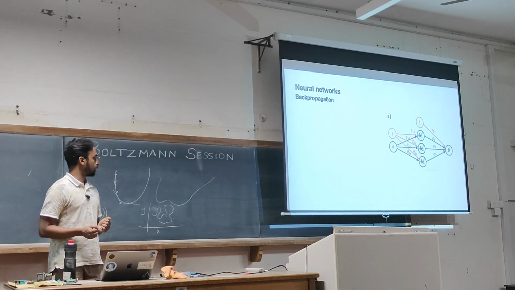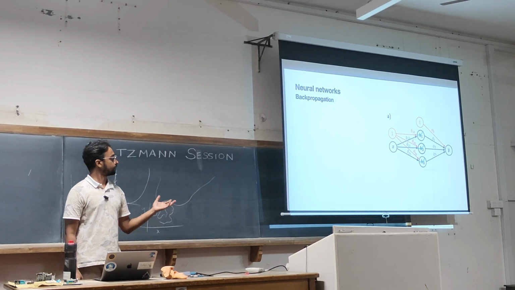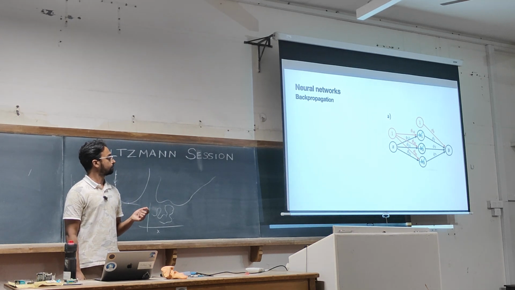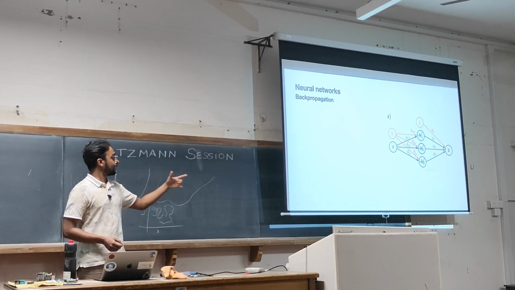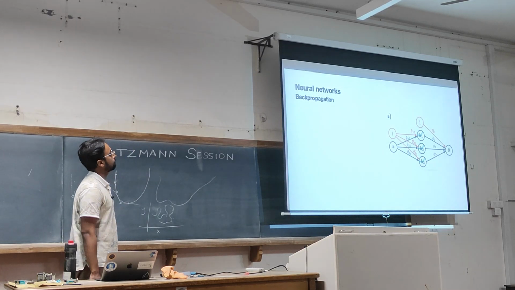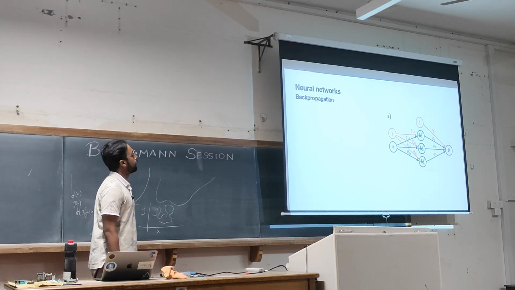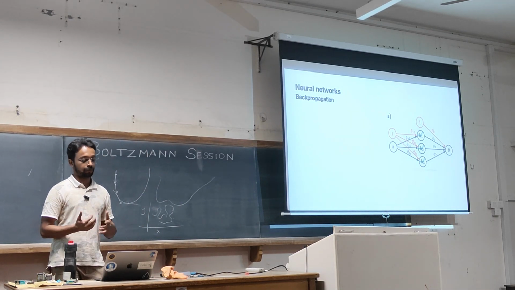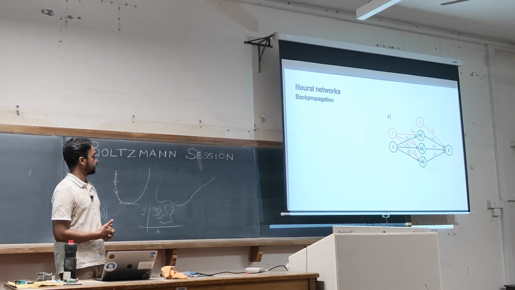For those 10 weights that you see there, you want to compute the gradients and move the weights in the direction in which the loss decreases. You can directly compute the derivatives of the loss with respect to these weights, but there is a more computationally efficient way of doing it.